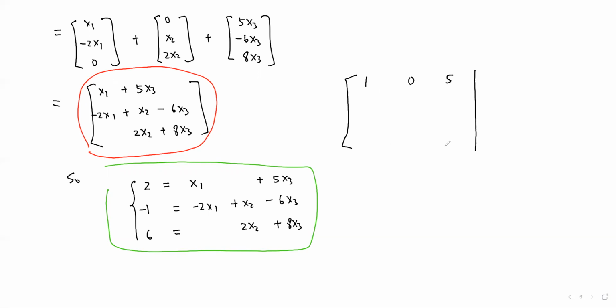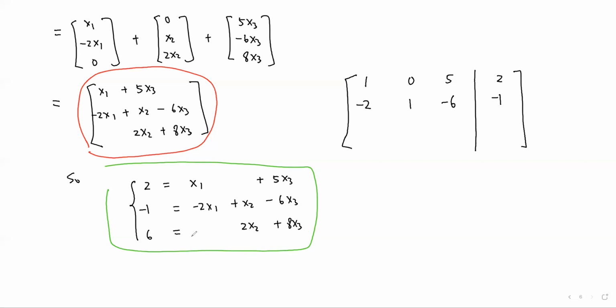This part is the coefficient matrix, and this part is the right hand side, 2. Now the second equation: coefficients -2, 1, -6, right hand side -1.